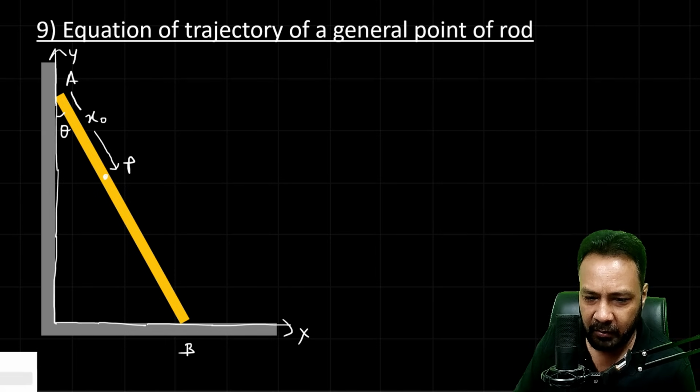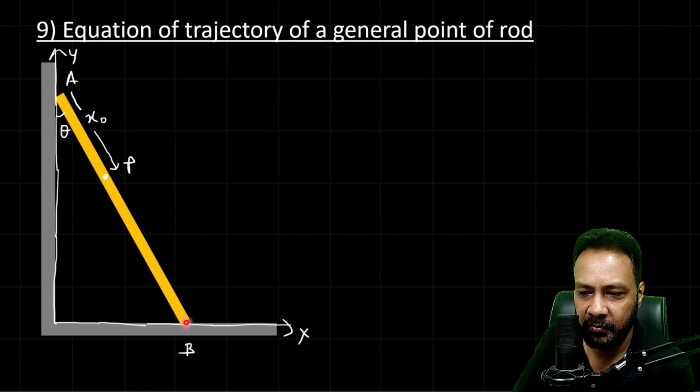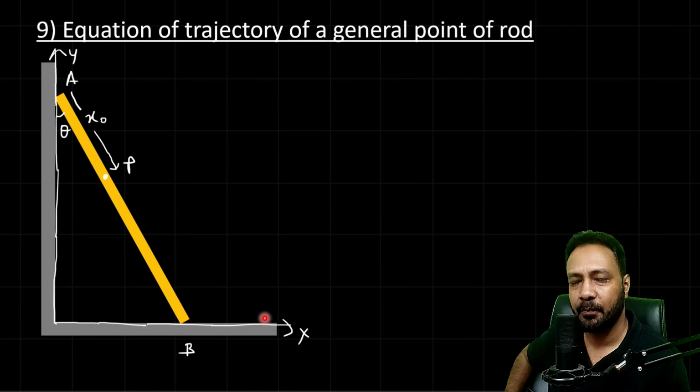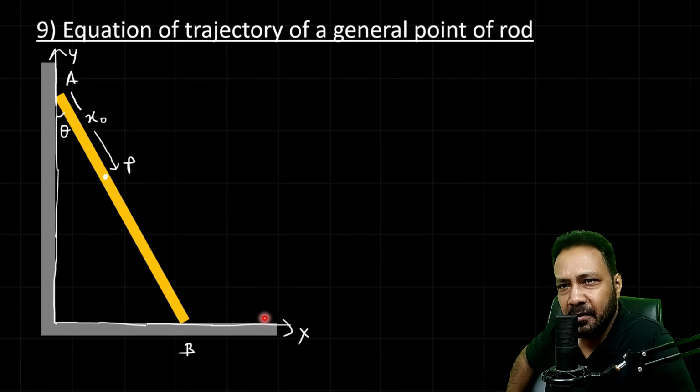Equation of trajectory of A is a straight line. Equation of trajectory of B is also a straight line. Equation of trajectory of center is a circle. So can we think of a single curve which can be reduced to a straight line and a circle? That thing comes to mind as an ellipse. An ellipse can be reduced to a circle also.